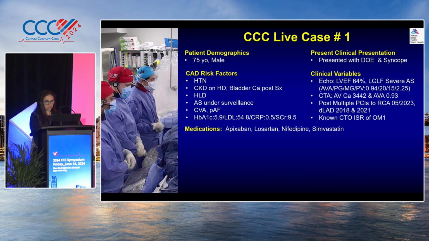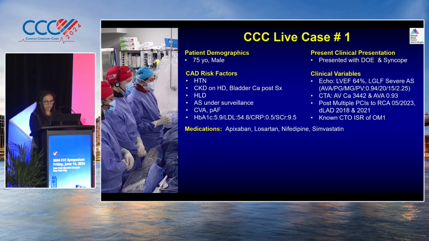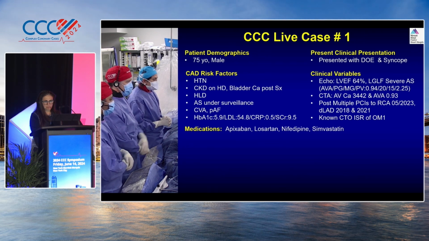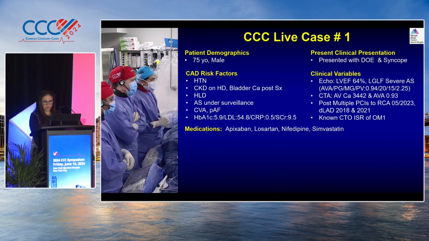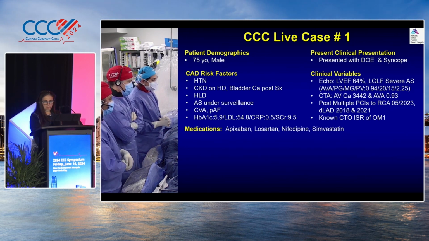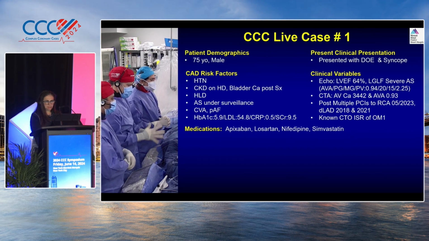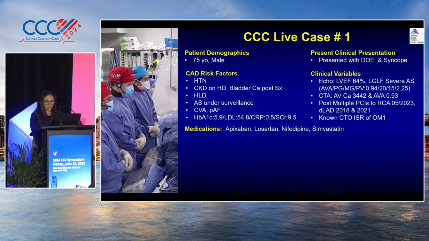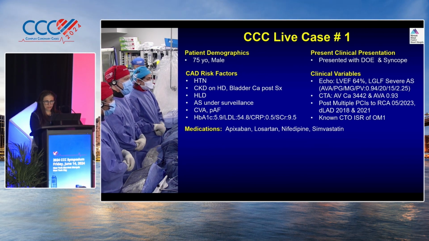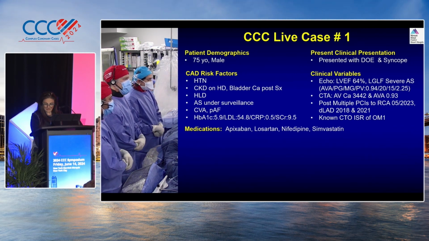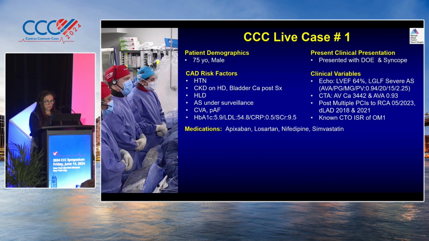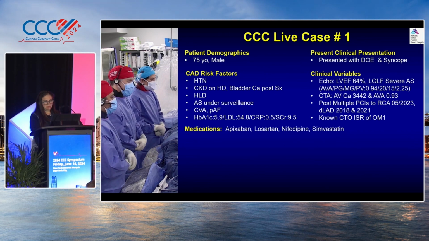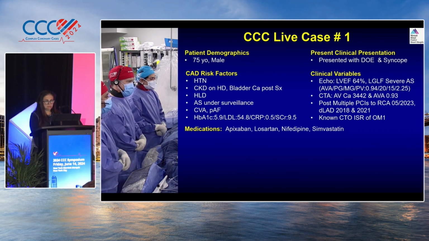Echocardiogram always shows moderate to severe, with a gradient between 25 to 30 on the mean and peak, and valve area between 1.2, 1.3. Prior history of CVA. Hemoglobin A1C is 5.9, LDL of 54 on just statin, CRP is 0.5.